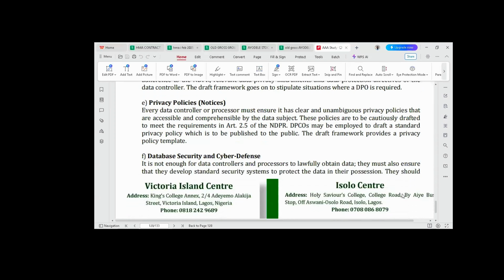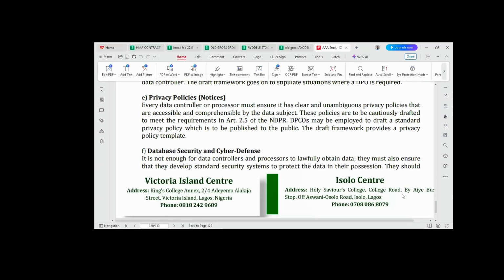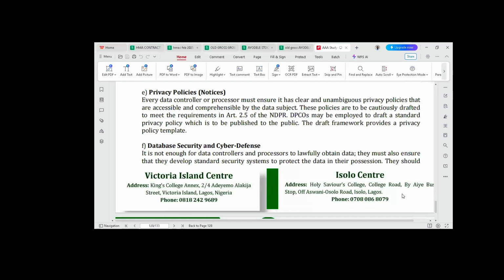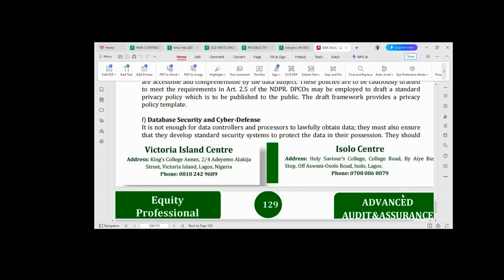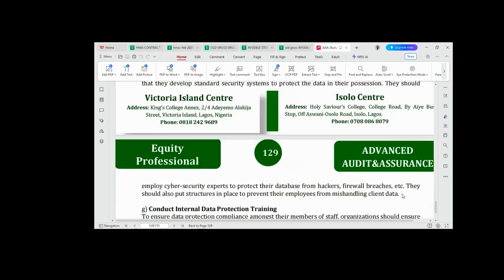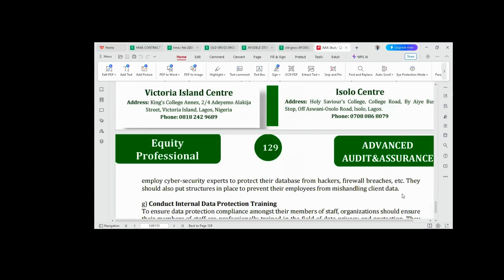Then we have the database security and cyber defense. Okay. Now, what they do is ensure that the information at your disposal as an organization is well secured. For instance, you have the right antivirus, you have the right intrusion detection devices, you have the right intrusion prevention devices.